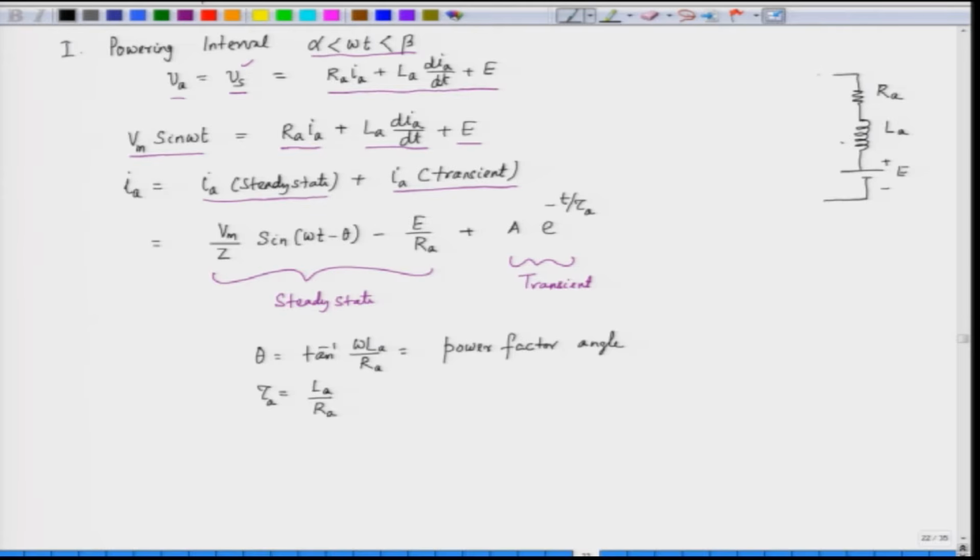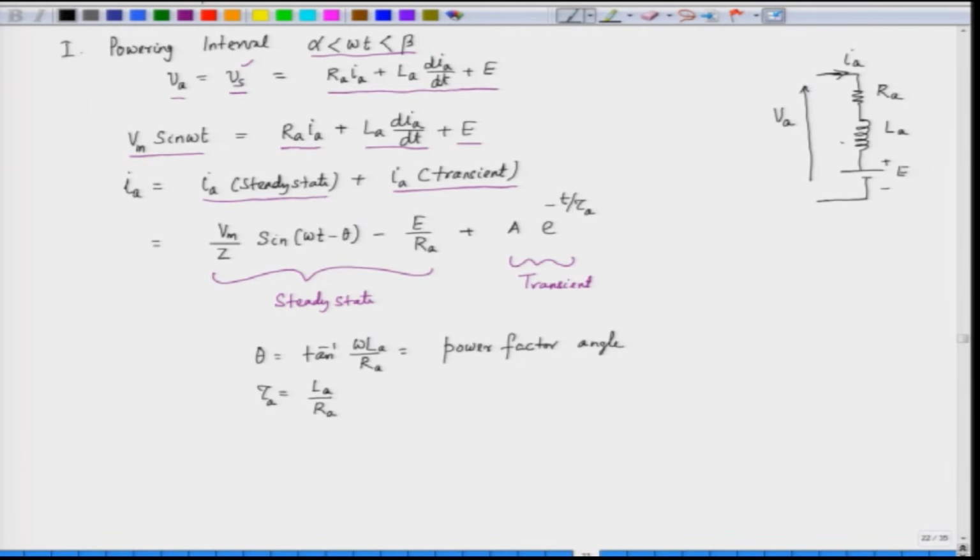So, when we write this equation for an RLE circuit, this is the applied voltage, that is VA, which is the same as Vs here. The steady state current which flows here is IA, having two components.